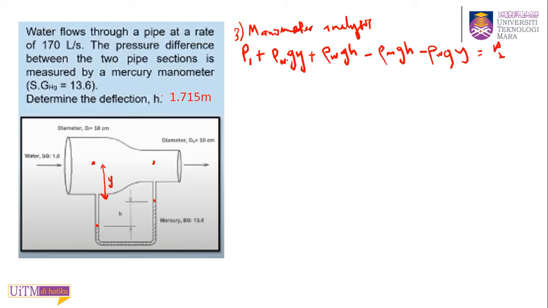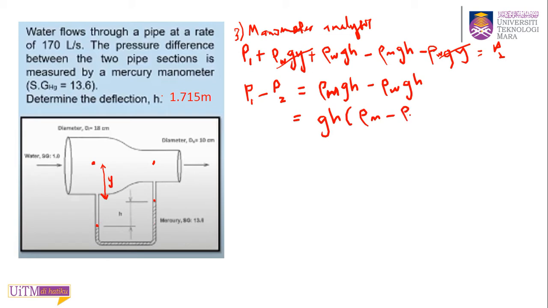You can cancel out this term, rho water times g times y, and you can bring P1 minus P2 to one side, so you have the value for that, and you bring the other term to the other side: rho of mercury times G times H minus rho of water times G times H. This can be simplified to G H times (rho mercury minus rho of water).